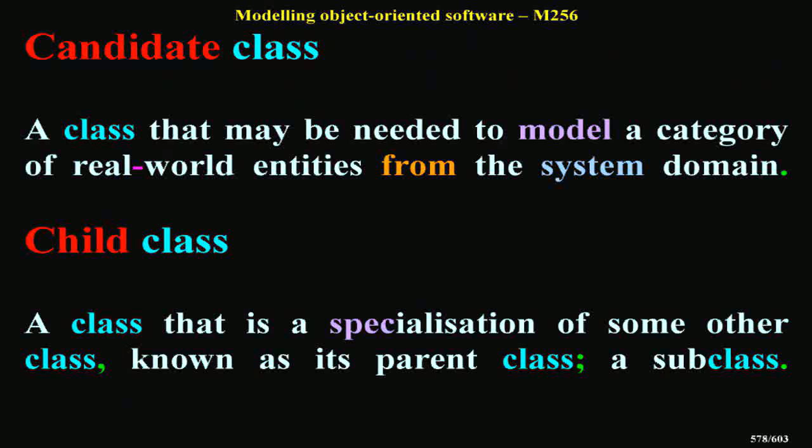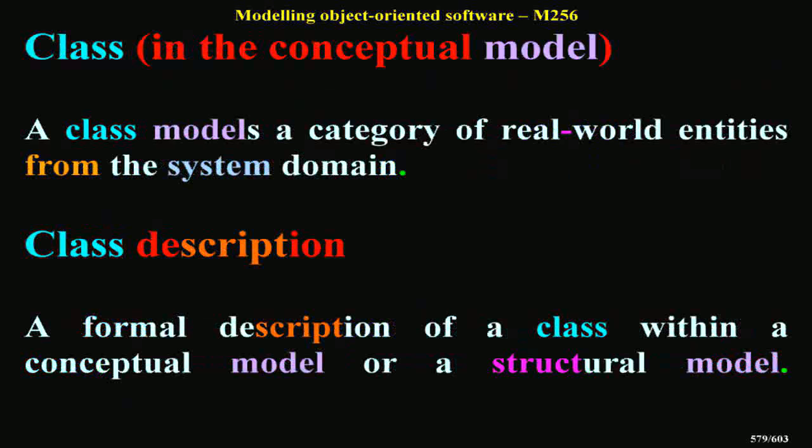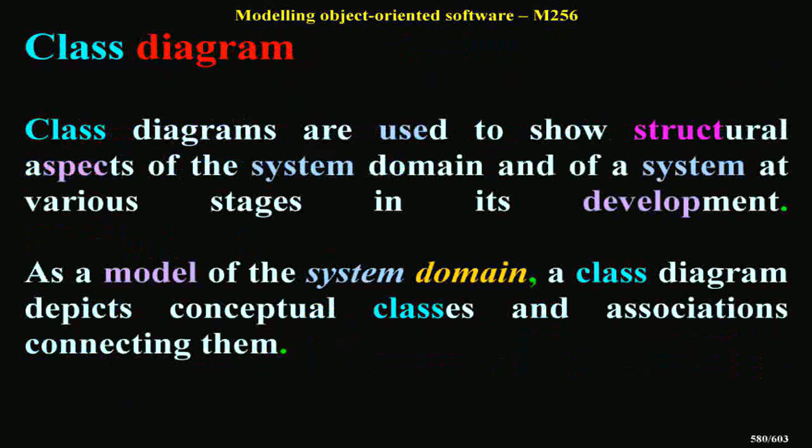Child class. A class that is a specialization of some other class, known as its parent class. A subclass. Class in the conceptual model. A class model is a category of real-world entities from the system domain. Class description. A formal description of a class within a conceptual model or a structural model. Class diagram.